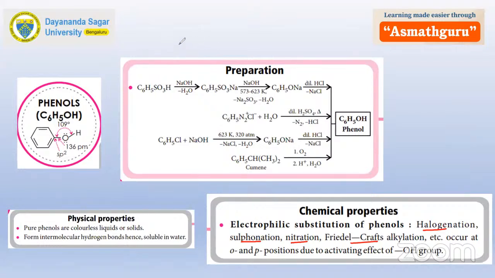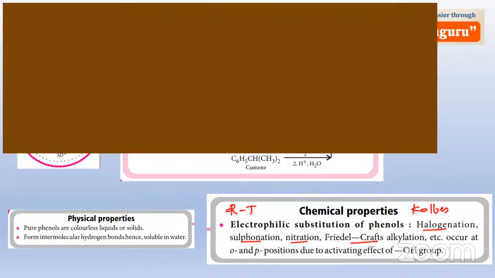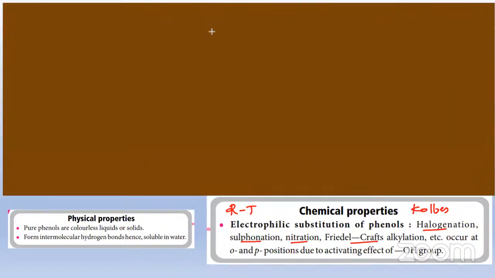Then, even the Kolbe's reaction is an electrophilic substitution reaction. Even the Reimer-Tiemann reaction is also an electrophilic substitution reaction. I will take the board to explain it. So what is Kolbe's reaction?